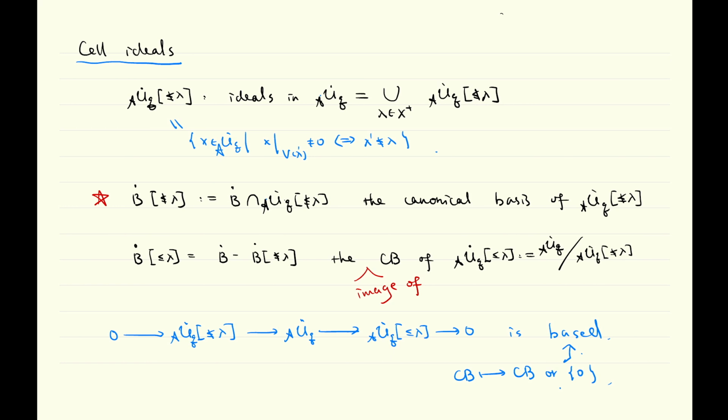We want to consider elements that do not vanish only when this highest weight is large enough. You can check this ideal, and this basically gives a filtration of this modified form. And what's miraculous, this is my star here, is that this is not just a normal ideal, this is a cell ideal, in the sense that the basis we have is compatible. If we intersect the basis with the ideal, we have a basis of the ideal. That's where the non-trivial thing comes in. That's why I call it a cell ideal instead of just an ideal.